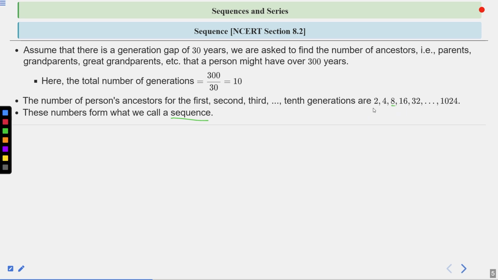So 8 is at the 3rd position, 4 at the 2nd position, and 1024 at the 10th position. Simple. And you can easily extract the information you want to know.